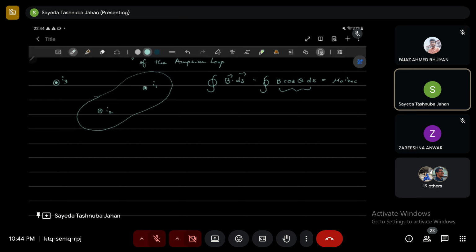So let's say আমি যে এম্পিরিয়ান লুপ নিচ্ছি সেই লুপের একটা কনভেনশনাল ডিরেকশন আমি ডিফাইন করতে পারবো। সো ইন জেনারেল আমরা সবসময় কনভেনশনাল ডিরেকশন অ্যান্টি ক্লকওয়াইজ নিই। ওকে, সো দিস ইজ দ্য ডিরেকশন অফ ইন্টিগ্রেশন, মানে লুপ ডিরেকশন, অ্যান্ড দিস ইজ কনভেনশন, মানে আমরা কনভেনশনালি এটাকে অ্যান্টি ক্লকওয়াইজ নিই, মানে এভাবে ঘুরে। ওকে, সো অ্যান্টি ক্লকওয়াইজ এইভাবে যদি ডিরেকশন অফ ইন্টিগ্রেশন হয়, দেন অফকোর্স লুপের লেংথ ds এক্স্যাক্টলি এই ডিরেকশনে হবে, রাইট?